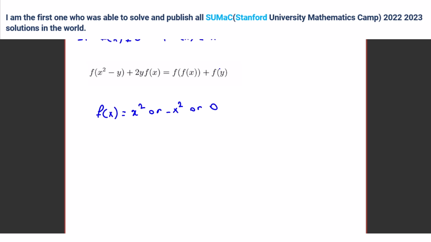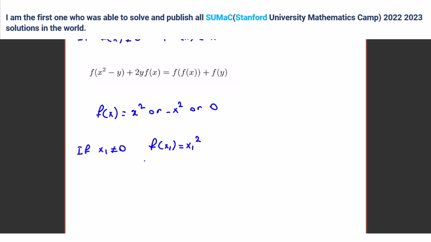For this part, do you want a hint or want to try on your own? Wait, what am I trying to prove? Look, for 0 it's not important. As I said, 0 satisfies all of them, right? Suppose x1 is not 0, and f of x1 is x1 squared.